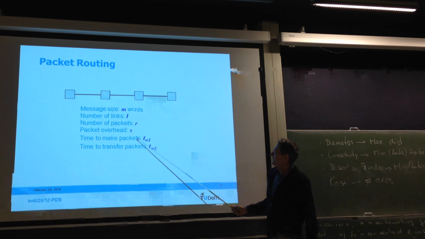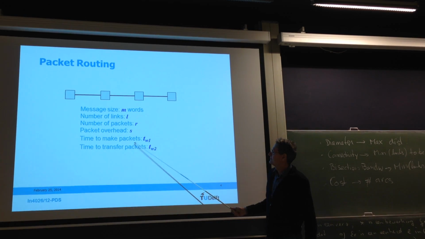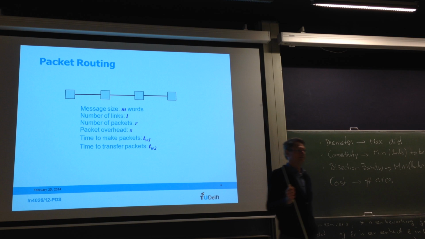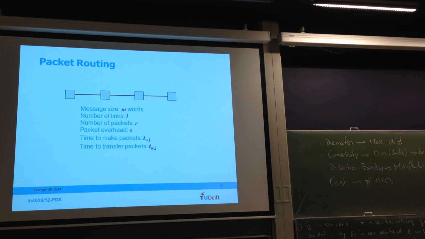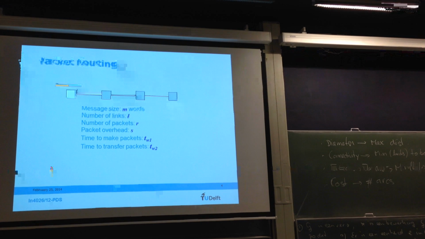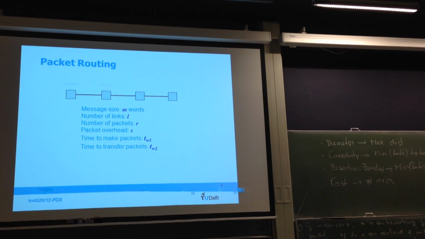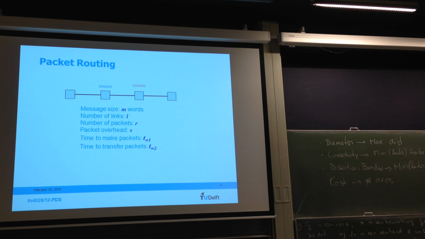So we have to take into account the time to make the packet and the time to transfer the packet. Now, how does this work? With a simple system, we have a message. We split it, in the most basic case, in 2 packets, and then we send the packets one after the other in a kind of string to the other side. That is the idea about packet routing.